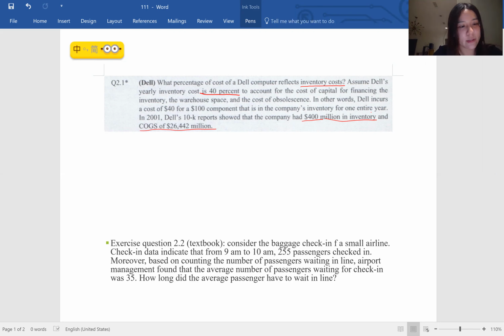Okay, so we are going to calculate the inventory cost of this problem. So how do we calculate the inventory cost? We have the formula from the professor.